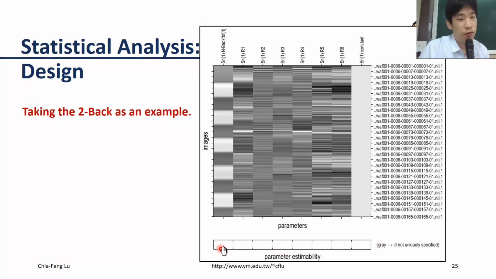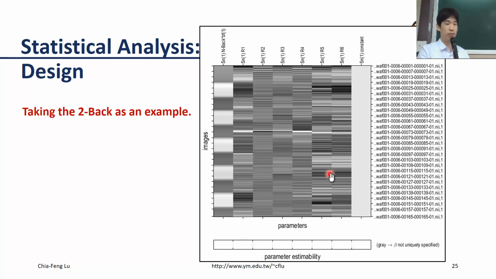If unfortunately you see some block is not white but actually gray, that means you didn't have a unique, independent regressor in this model. That is a bad thing because, as I mentioned before, SPM will assume that each regressor should be uncorrelated or independent with each other.